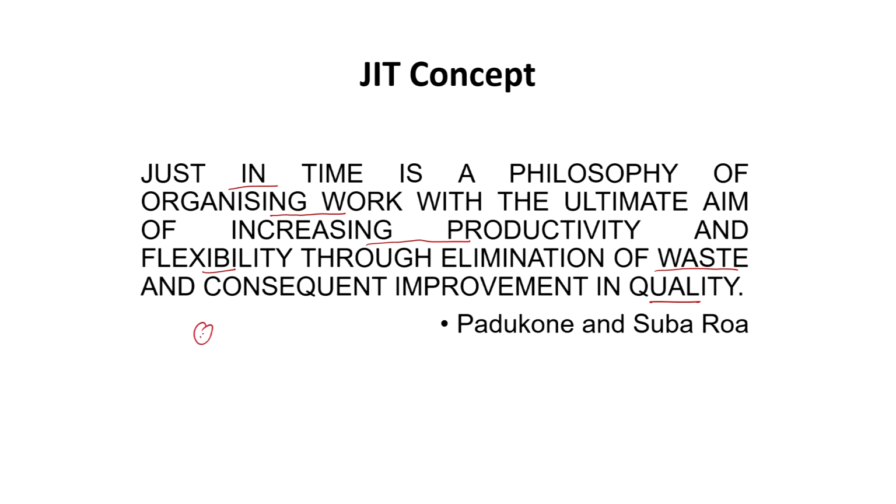One is quality, so here also we are saying there should be some improvement in the quality. Then efficiency, removing the waste and increasing productivity. So we are talking about the language of cost also, and with the help of flexibility and just in time, we are talking about on time delivery, just in time delivery. When the material is required by the customer, we are in a position to supply at that point of time.